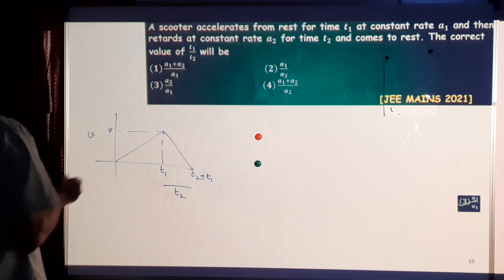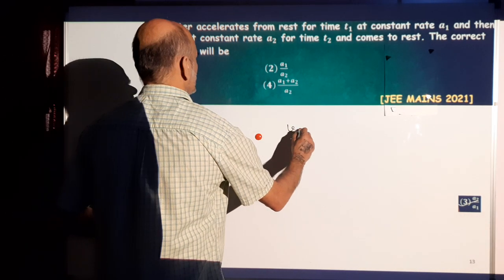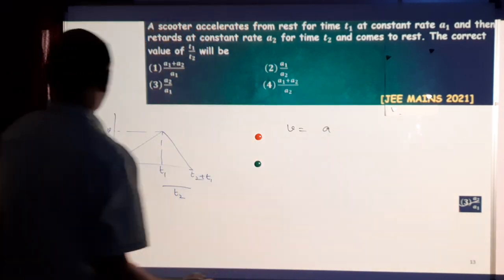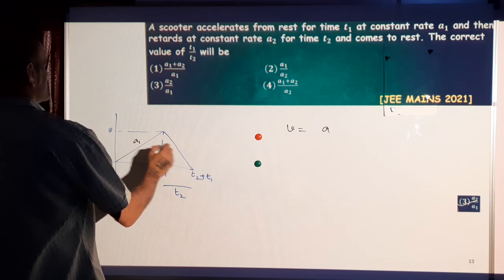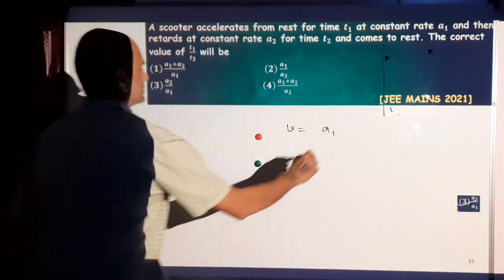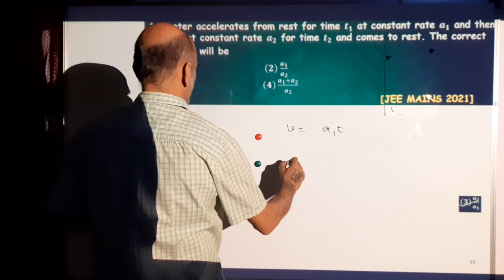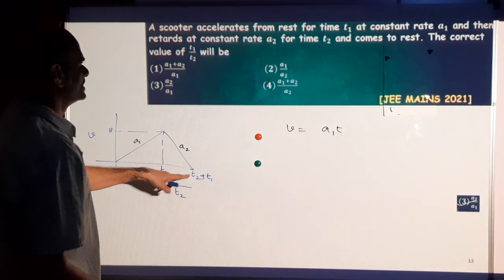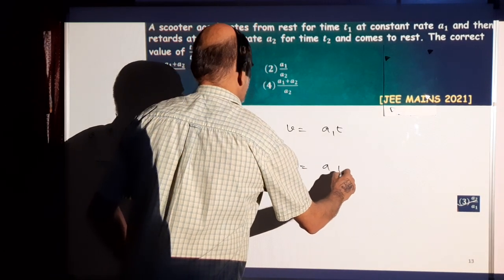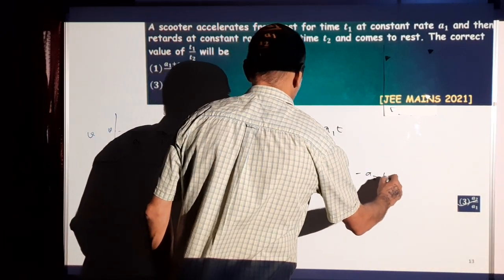So this velocity here I can find out by using v equal to u plus at. v equal to 0 because it's starting from rest, plus acceleration a1 into t1, so a1 t1. For the second part of motion, the initial velocity is this one, v equal to u plus at, and the final v is 0. So 0 equal to a1 t1 plus acceleration, which is retardation, minus a2 into t2.